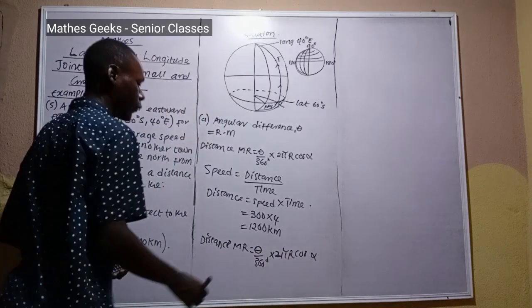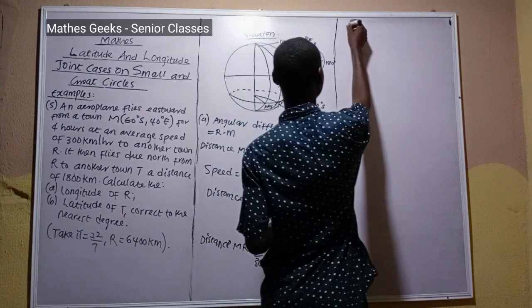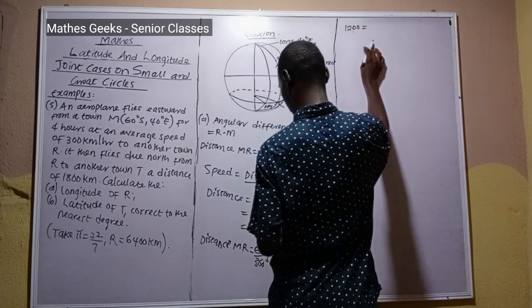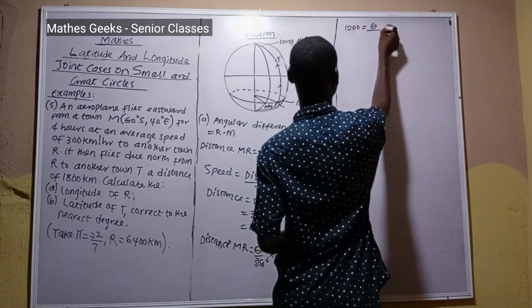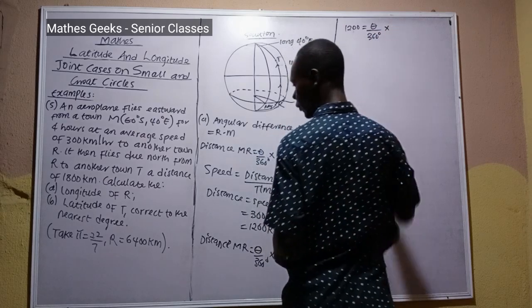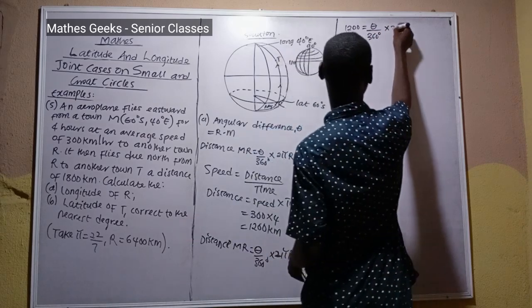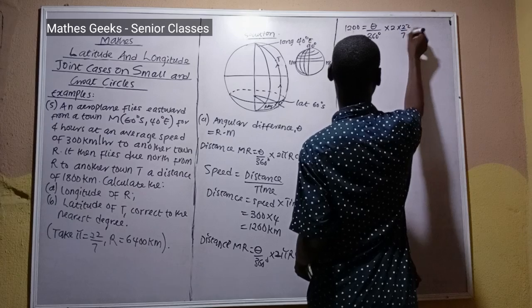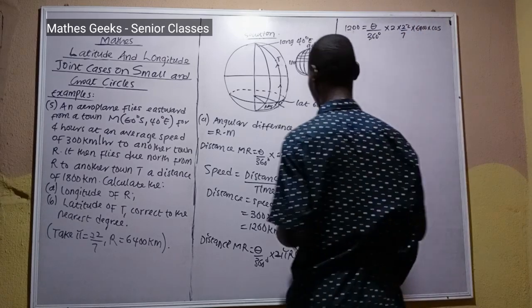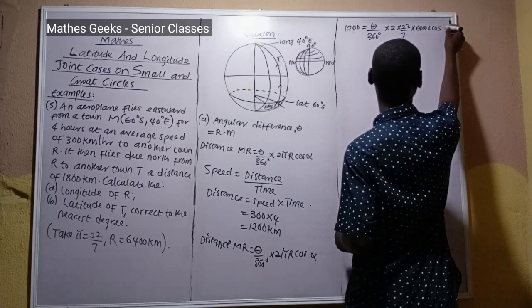So 1,200 is equal to theta, the angular difference, over 360 degrees times pi, which is 22 over 7, times 2 times 22 over 7 times 6,400 times cos 60 degrees.